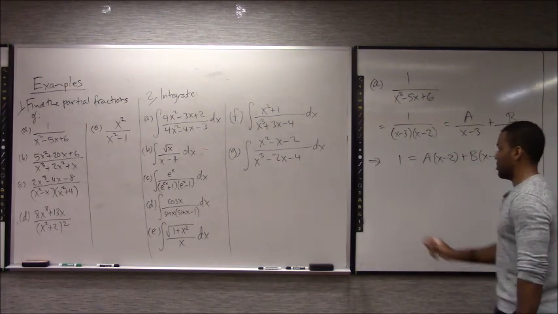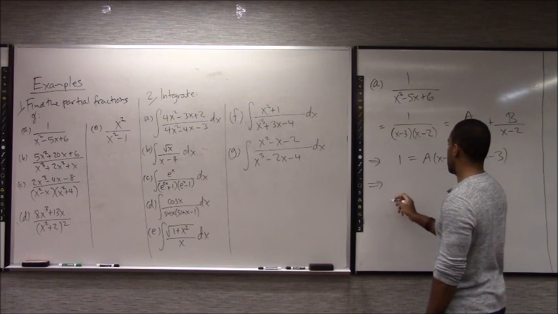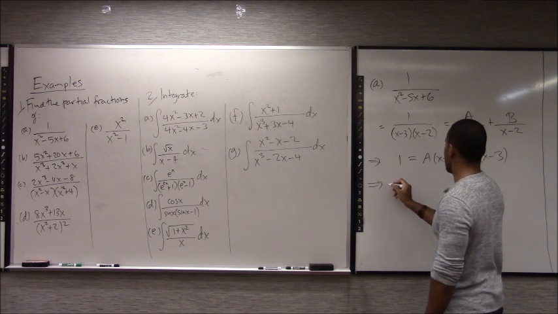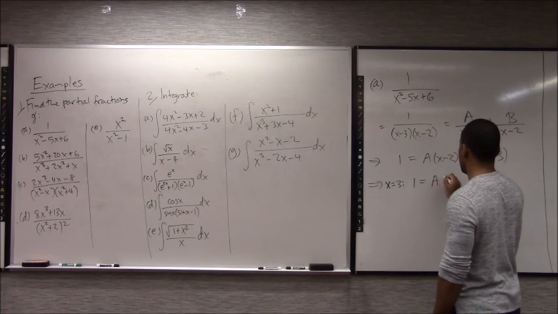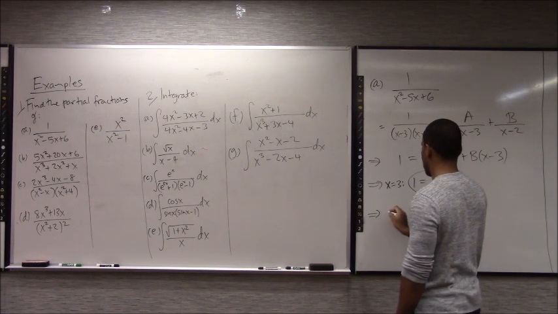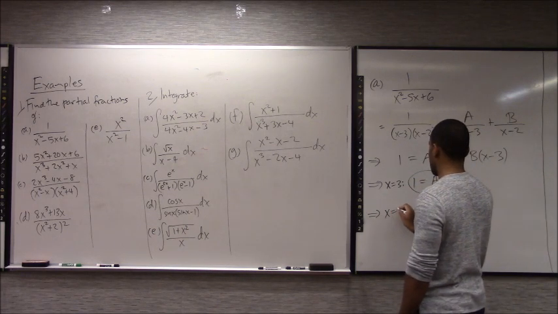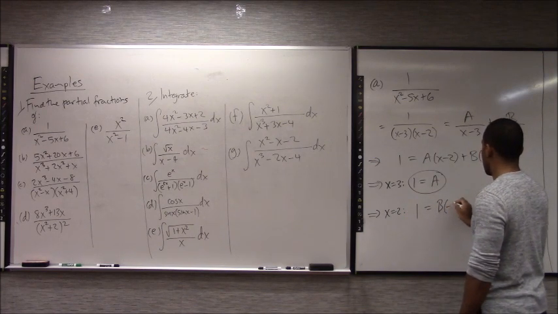So for this one I chose the first method, which was choose an easy x value, so you can make x equals 3. X equals 3 would give us A, right, because the B would go away. And then for the second one I chose x equals 2, and then I got B was equal to -1.